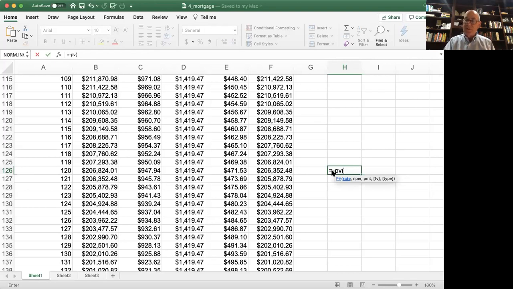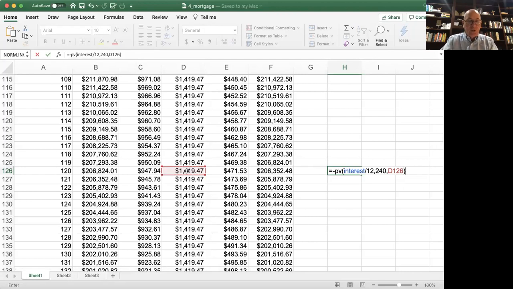So we need to divide it by 12 to get the monthly interest rate. So I'll do that. It's the same interest rate we had when we found the A's. The number of periods is going to be 240. There are 240 periods remaining. And the payment amount, the monthly cash flow, is this 1419.47.